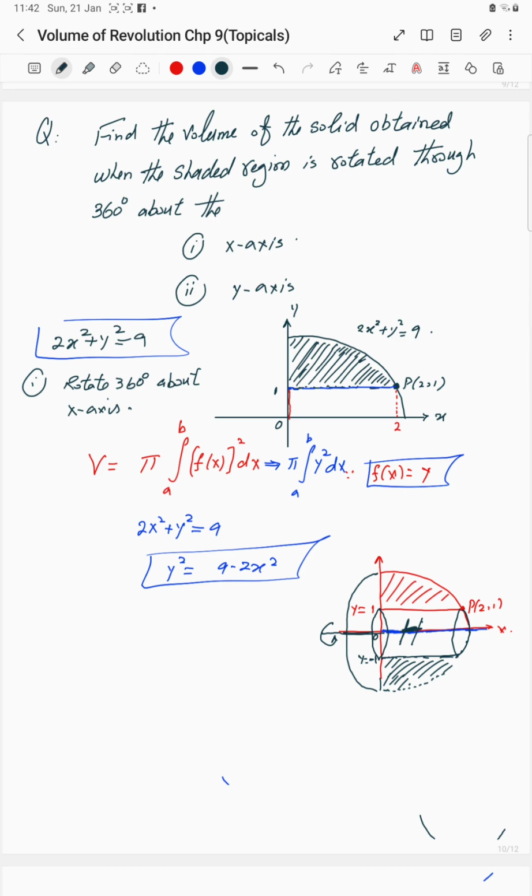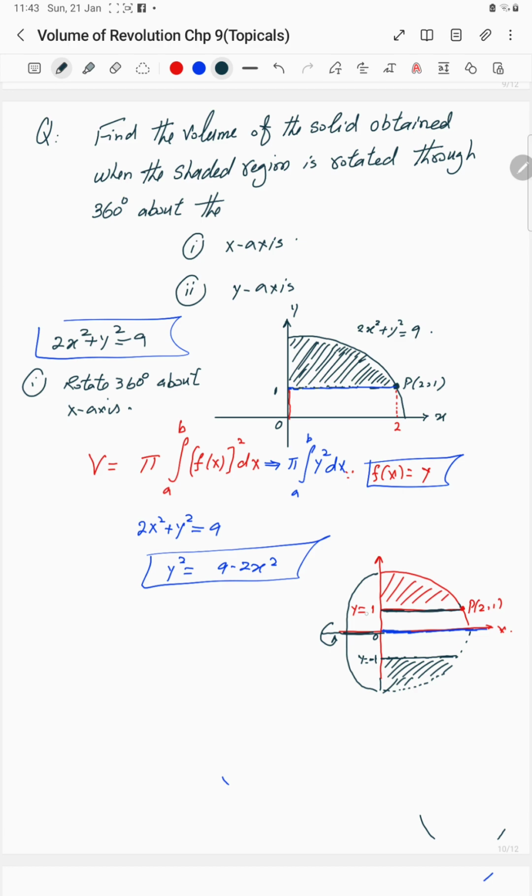Or another approach: we have a line. Let me remove this. As this was the line y equals 1, once we rotate this curve, the line will also rotate. So the outer one is the top one, the curve, and the inner one is the bottom one, the line.